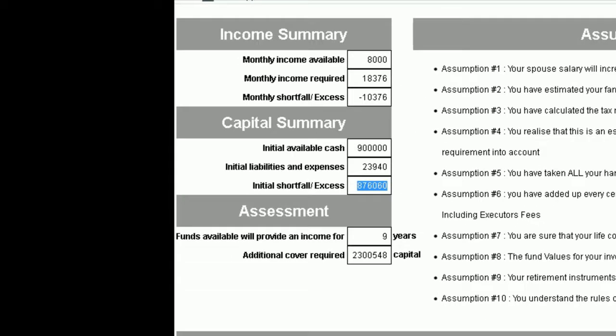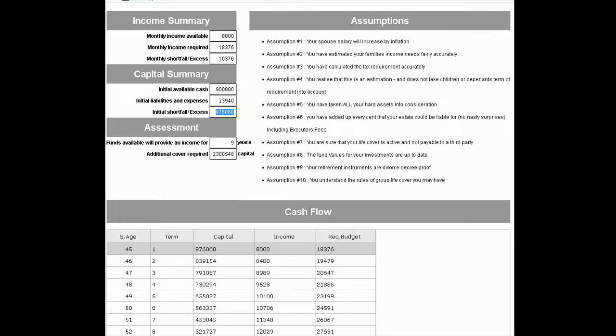Mrs. Soap has 876,000 Rand in capital. If we look at the cash flow, the 8,000 Rand that Mrs. Soap has as an income in the middle column, 8,000 Rand, increasing at 6% per annum, and her requirement of 18,376 Rand, the initial requirement in the last column, grows at 6% as well.